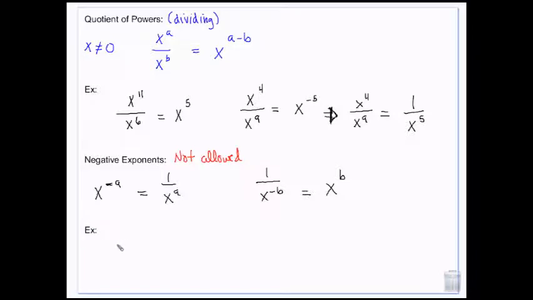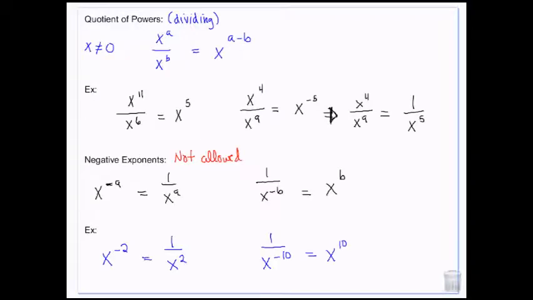So for example, if I have x to the negative 2, that's going to be 1 over x squared. Or if I have 1 over x to the negative 10, that's just going to be x to the 10th. So wherever that negative exponent is, you put it on the opposite side of a fraction and make it positive.